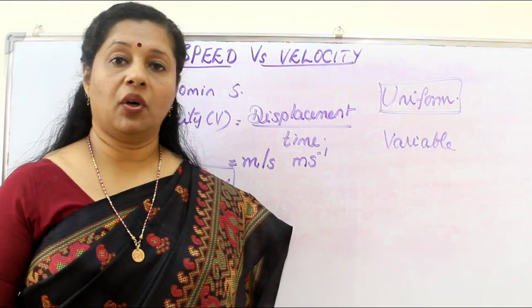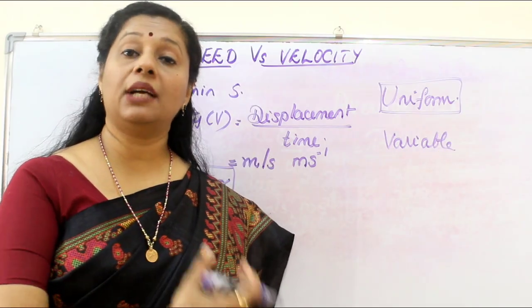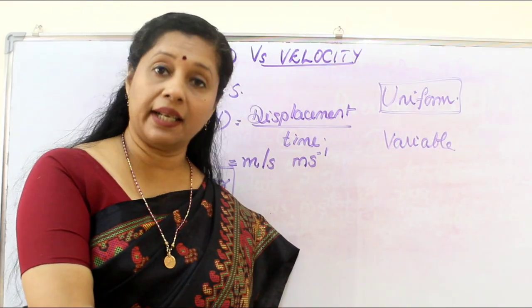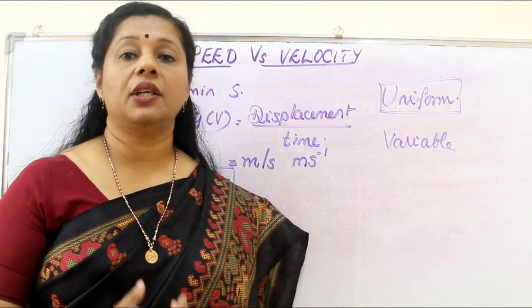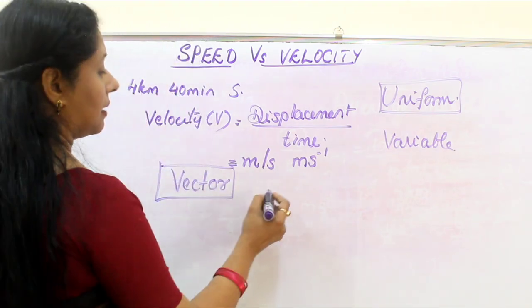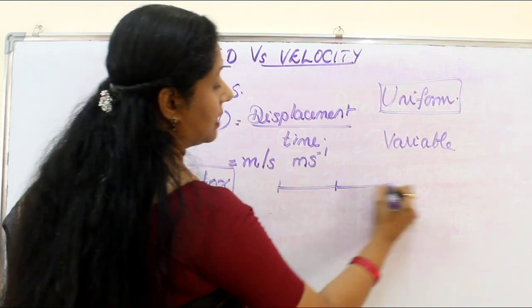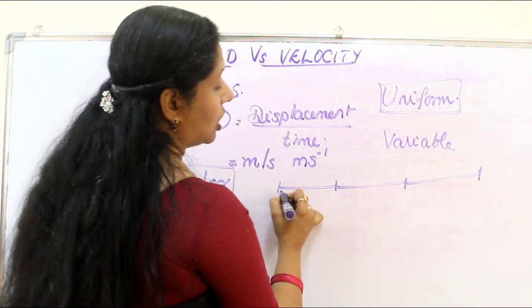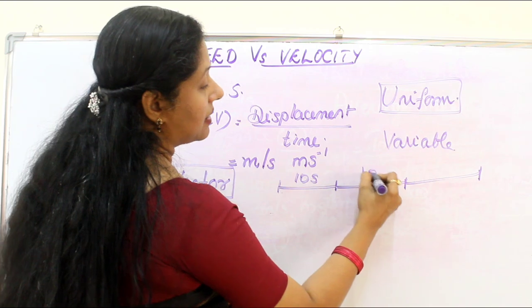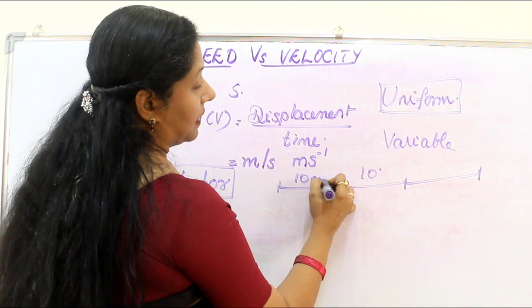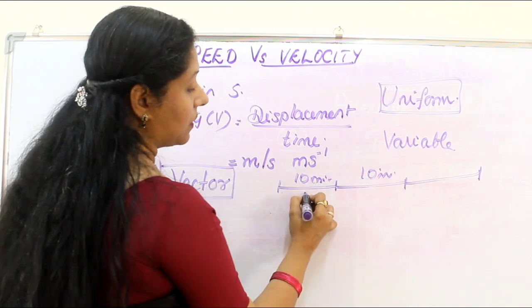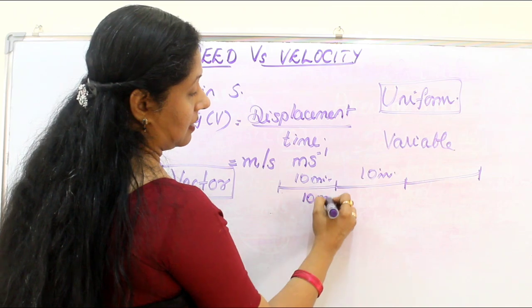So if a body covers equal distance in equal intervals of time in a particular direction, then we call it uniform velocity. For example, first 10 minutes 10 meters, another 10 minutes 10 meters, another 10 minutes 10 meters. So every time the time interval is 10 minutes and the distance covered is also 10 meters.